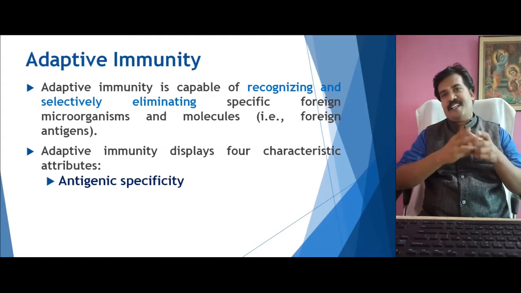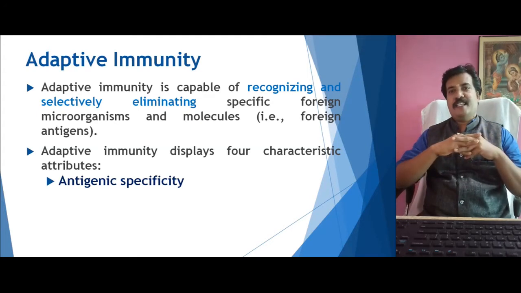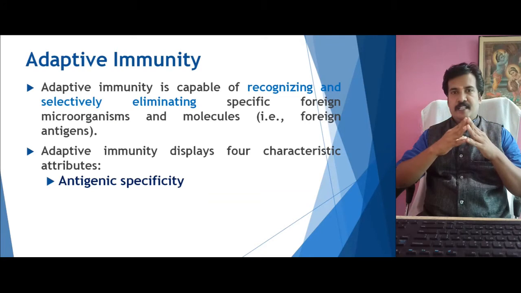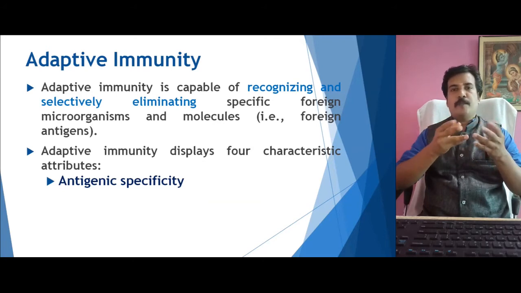To understand antigenic specificity, first we understand what is meant by an antigen. An antigen is a foreign substance which may be living or non-living in nature, and it is generally chemically made up of either a protein or an oligosaccharide, whereas lipids and polysaccharides do not contribute to being antigenic in nature.